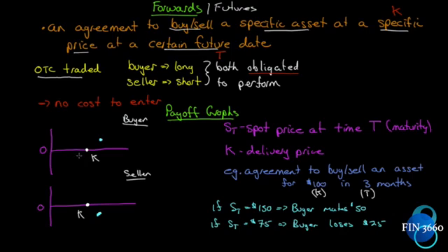They sell it, they're going to lose $25, whereas the seller will make the $25. So we can see very, very quickly here that this is a zero sum. Zero sum because for the buyer to make $1, the seller must lose $1. No wealth is created in a derivatives contract.